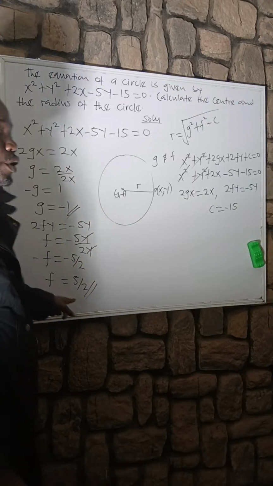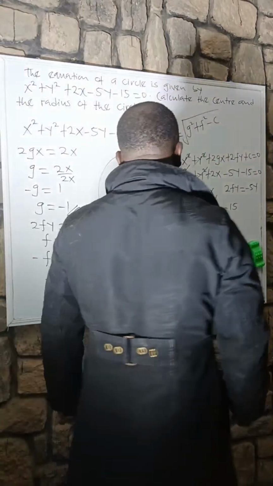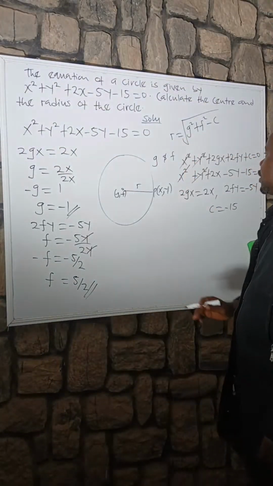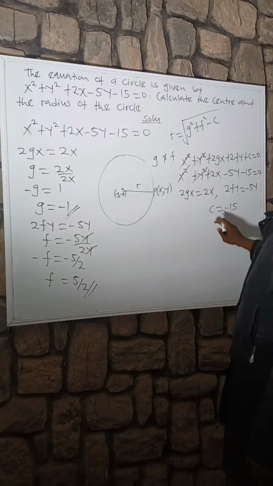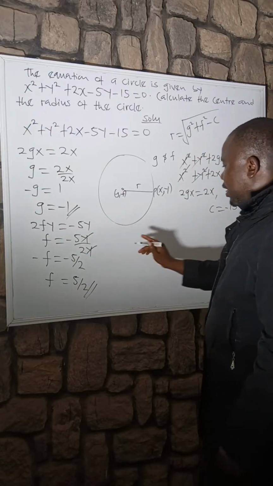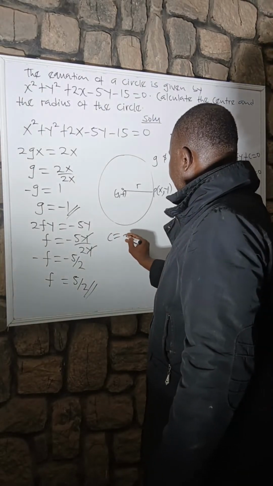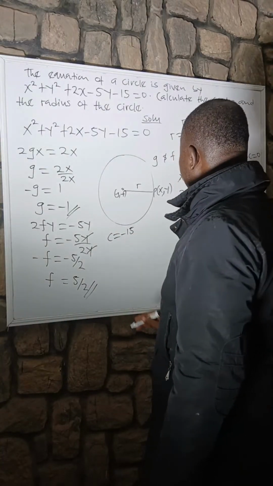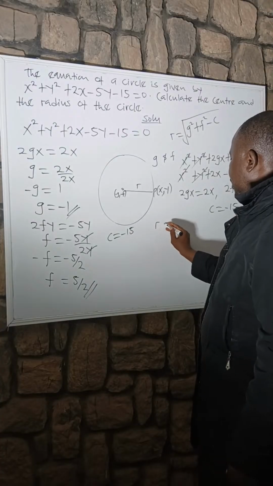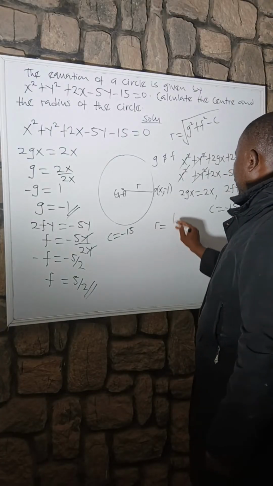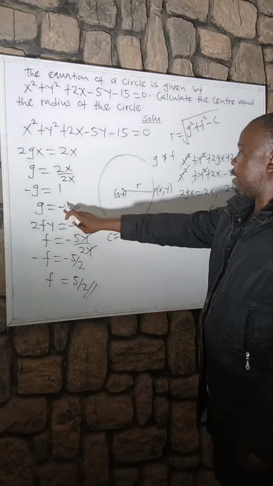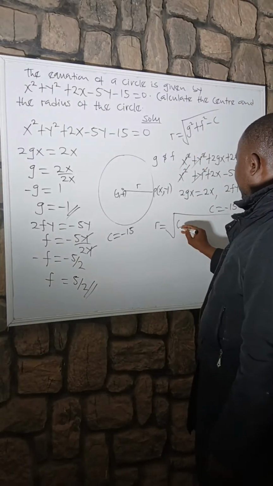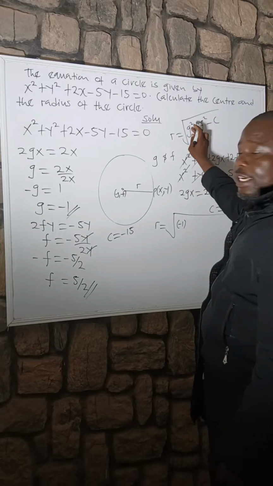So now you don't need a prophet to tell you how to obtain the radius. It means we are able to obtain g, f and c, where our c is equal to minus 15. So the radius will now be equal to the square root of what is our g? g is minus 1, but g here is squared.